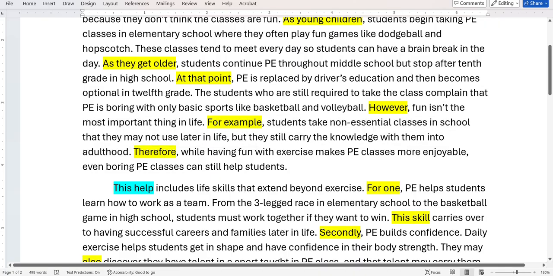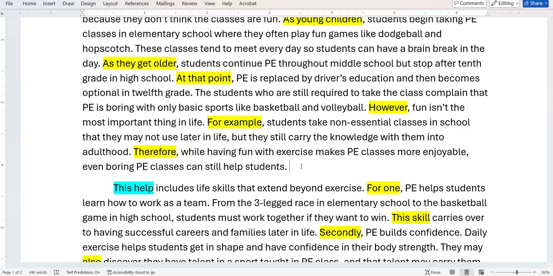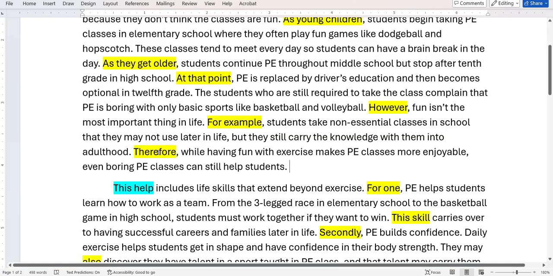So I've said specifically what they think, and then what I think and why I think that. That's the approach you want to take to those counterclaims. If you have enough counterclaim to make a whole paragraph out of it, fantastic. If not, you just have to have at least one in there. And as long as it's a good one, it's going to check that box and you're good to go.